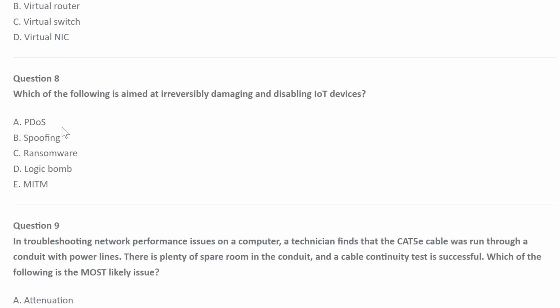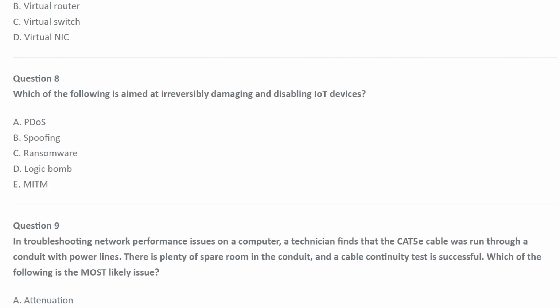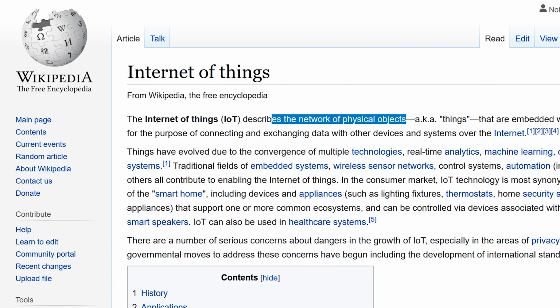So what here mostly applies to irreversibly damaging your IoT device, which again we talked about is Internet of Things? That means anything that's on the network, like your physical router, physical server, right?